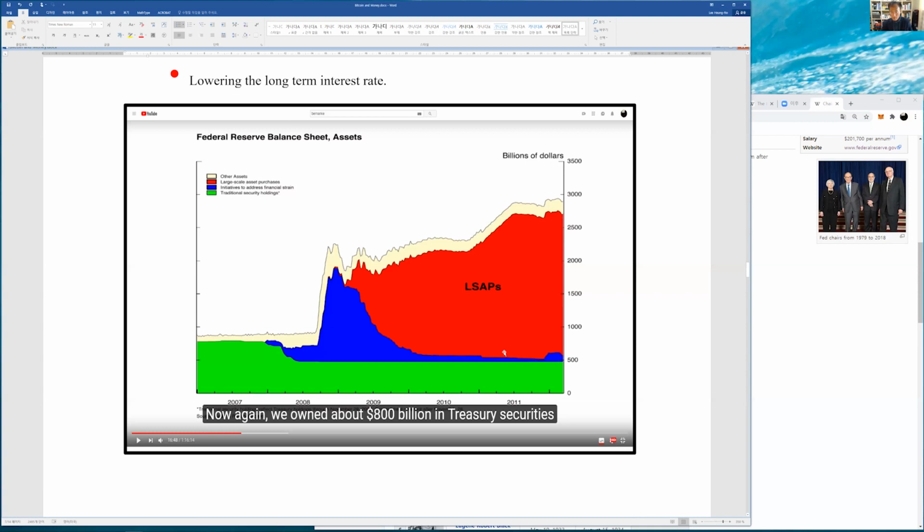So the Fed purchased twice the assets that it had previously had. So this large amount of assets was purchased during a short span of time.